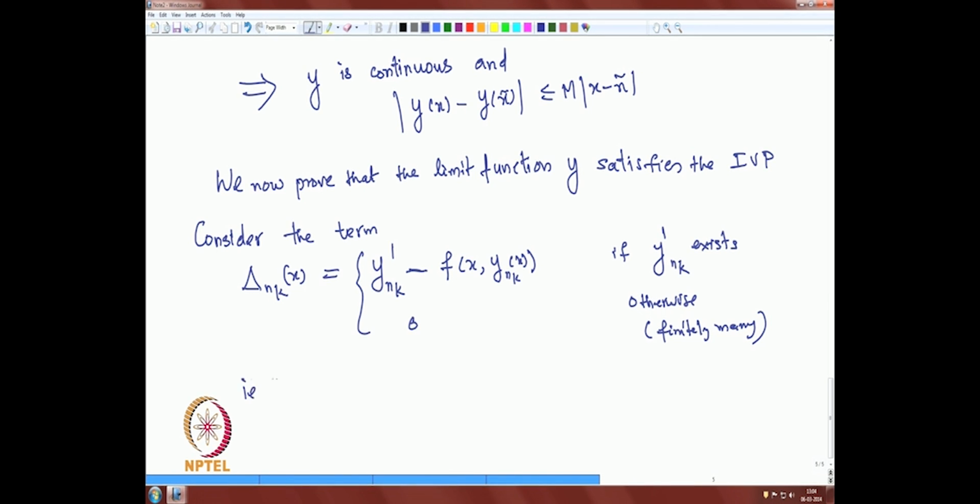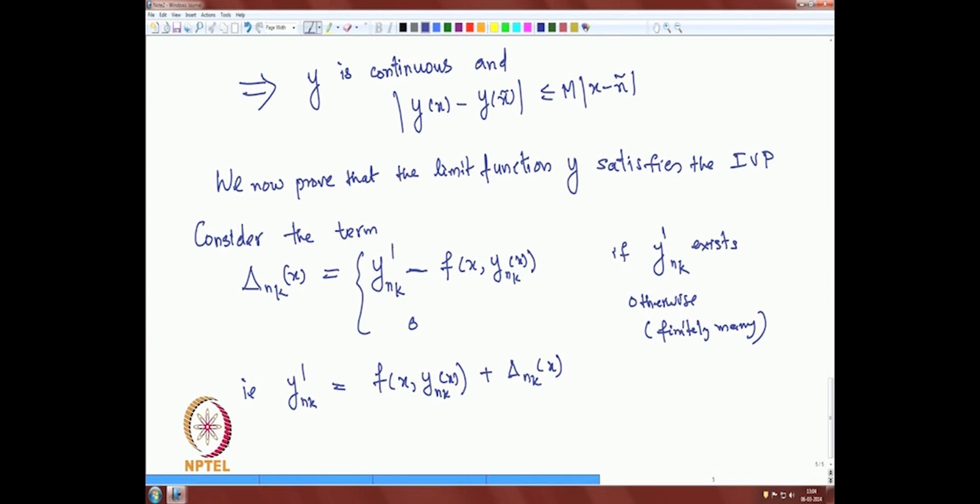So, in other words, ynk prime is equal to f(x, ynk(x)) plus delta nk(x).